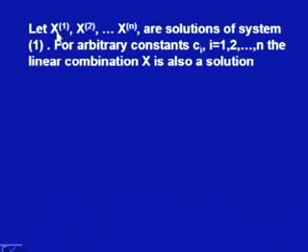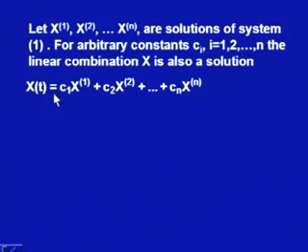Next, if x1, x2, xn are solutions of system 1, then for arbitrary constants the linear combination x is also a solution. So, x(t) is written as c1 x1 plus c2 x2 plus cn xn.